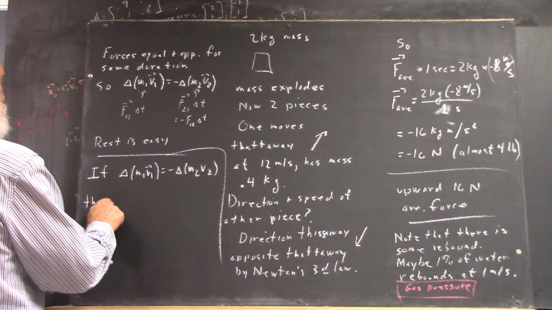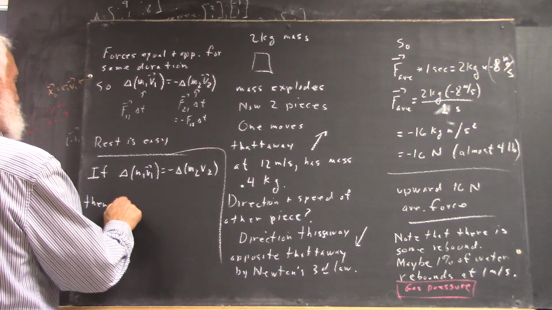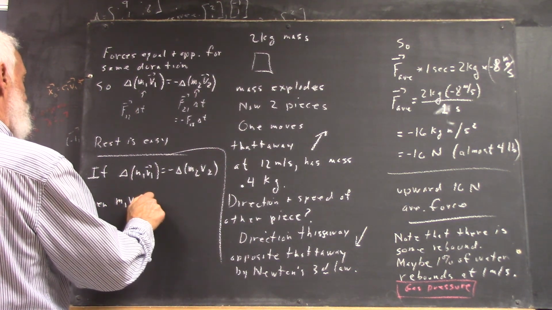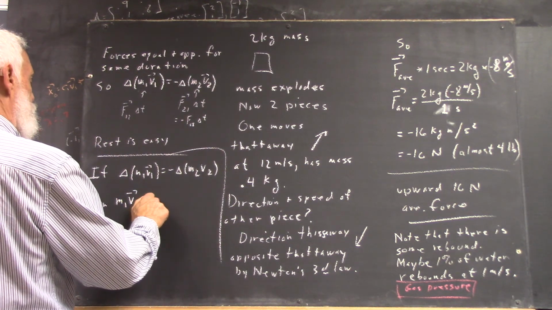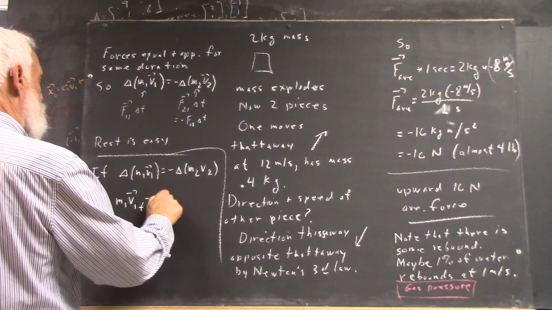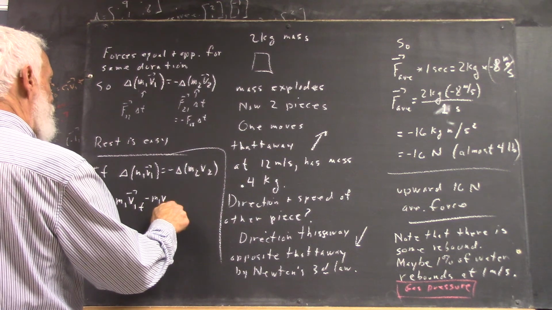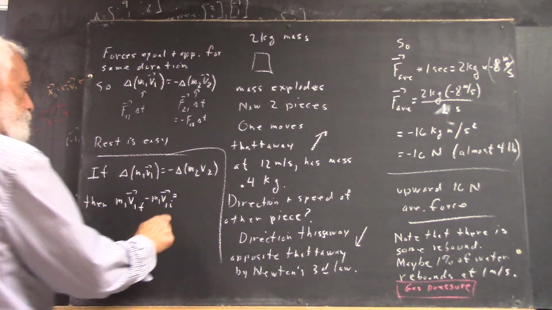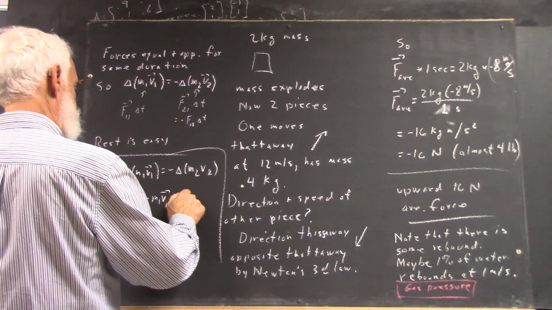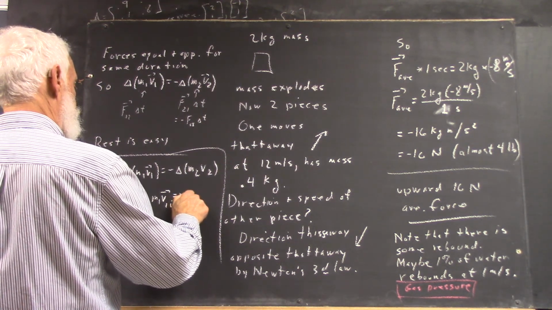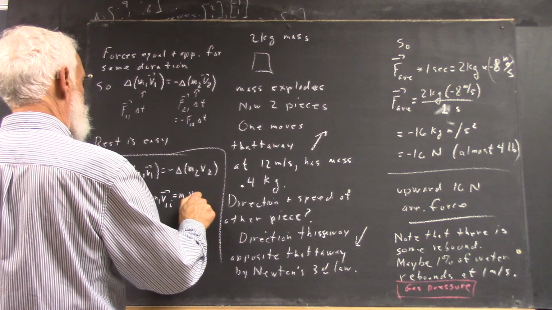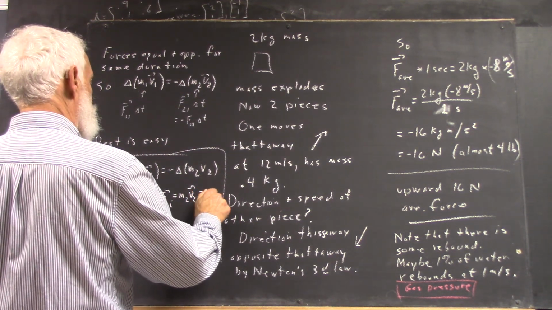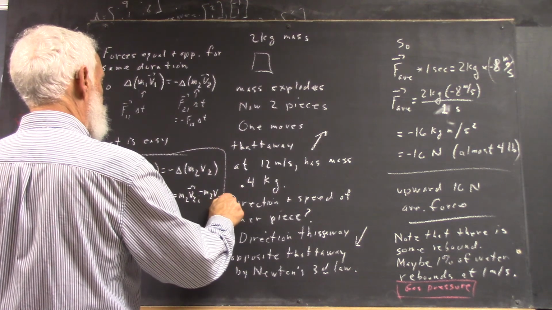Then we could write that out as m1v1f minus m1v1i equals m2v2i minus m2v2f.